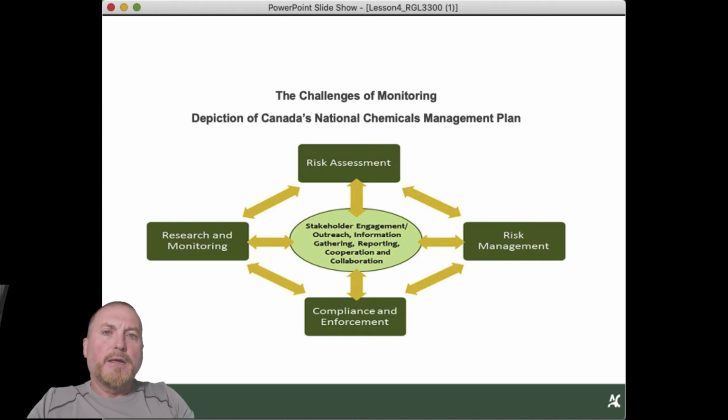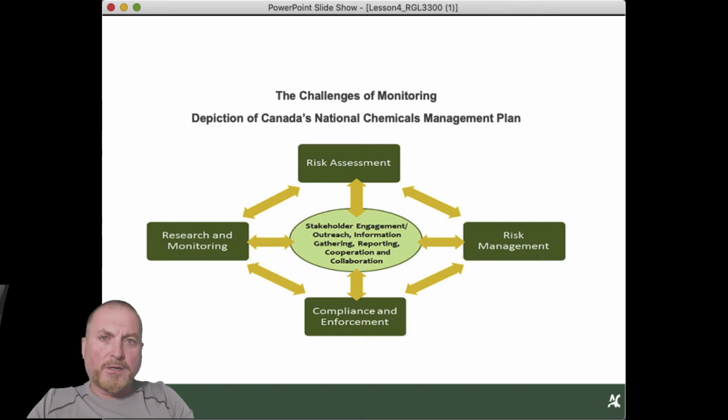All right. Then on the other side, we have research and monitoring, and that's the ongoing activities that governments will do to determine whether, out of our risk management, compliance, promotion, and enforcement activities, we're finding any significant outliers with respect to things not behaving the way we thought they were going to behave. That we're finding more chemicals in the environment than we thought we were going to get.